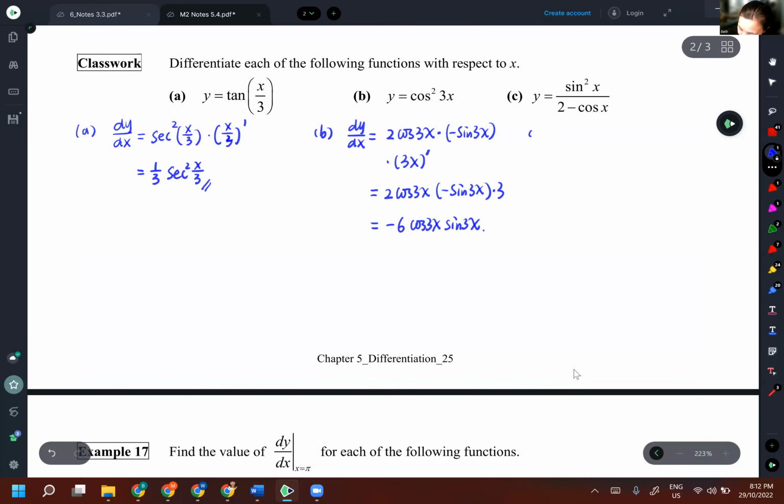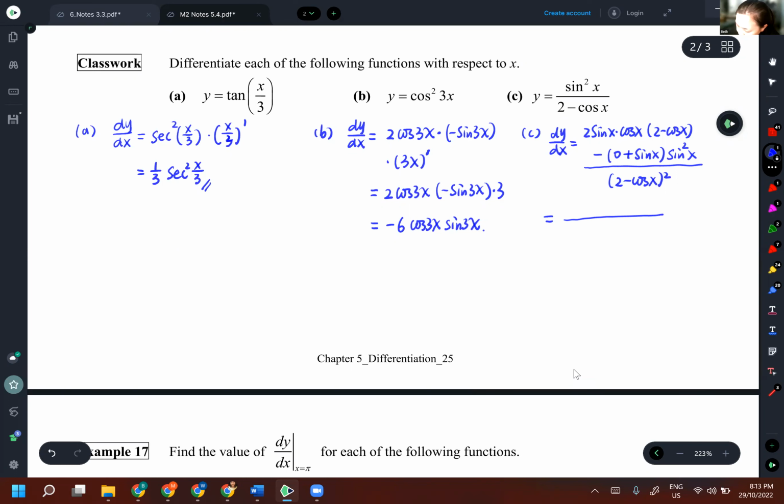Last one, dy/dx equals d high, low, minus d low, high, divided by low squared. And it's equal to 4.